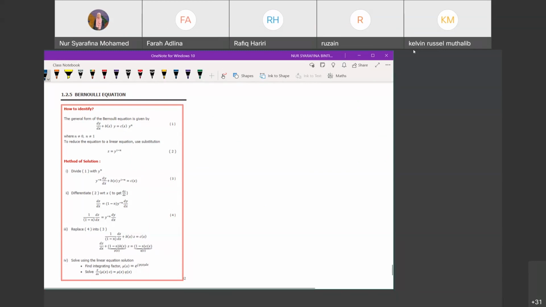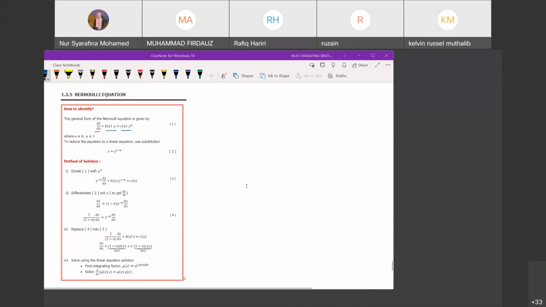As you can see here, it is quite identical with what? What can you compare this form with? Linear equation. Yes, it is quite identical with linear.